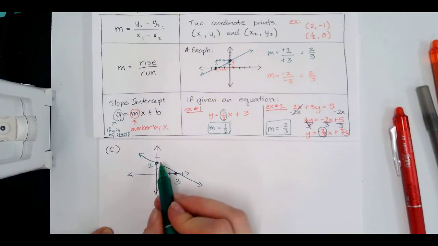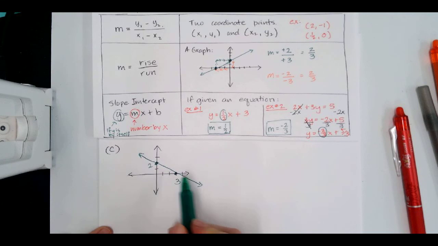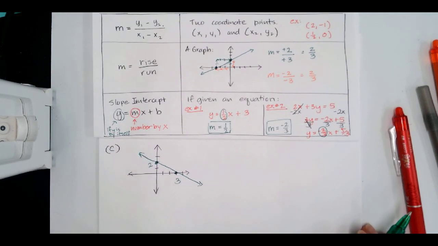Okay, so here's a line. It passes through this point and this point. Okay, so go ahead, pause the video, and figure out how you'd find the slope.